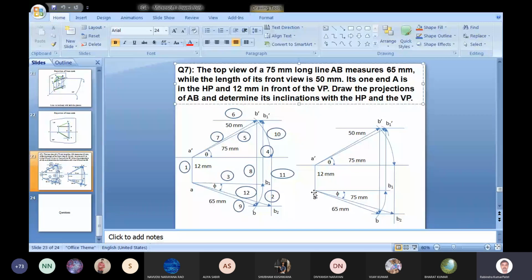Here in this case we can start from this point, A dash and A. Here we will get the point, and after that we have the true length. So we can draw a top view and front view, both things are there. So we can use these three things to find out the rest of the unknowns.